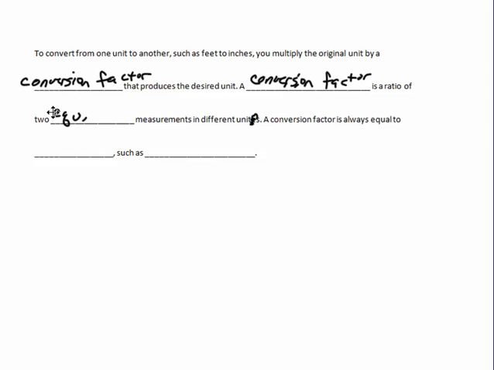That's a typo there. There should not be an E right there. A conversion factor is always equal to 1, such as 1 foot to 12 inches. Right, so 1 foot is really the same thing as 12 inches.